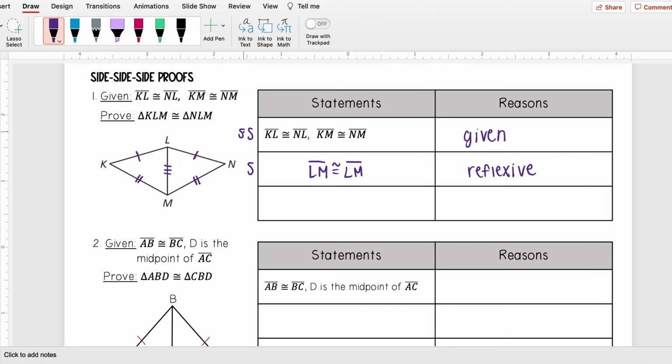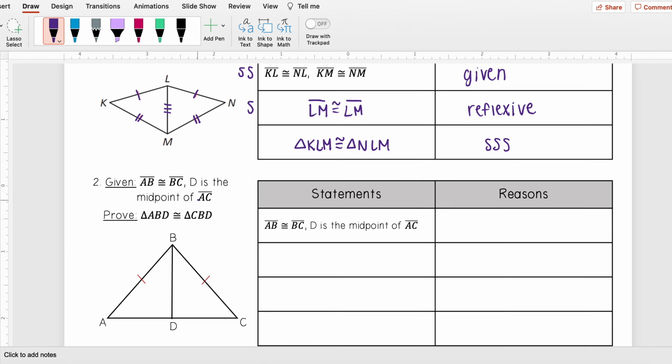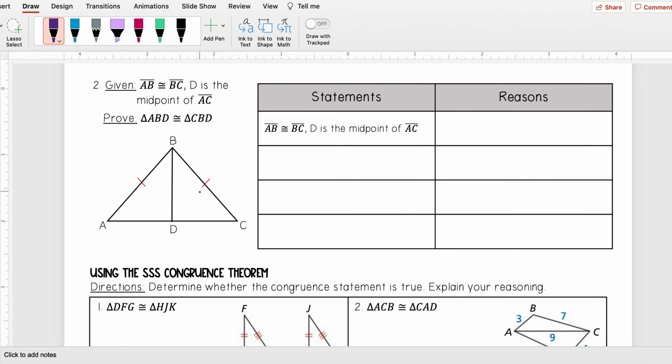So I see from my notes here, I have side, side, side. So now I can therefore conclude that triangle KLM is congruent to triangle NLM. My reasoning is side, side, side. I have three sides of one triangle congruent to three sides of another. Okay, let's try another one.